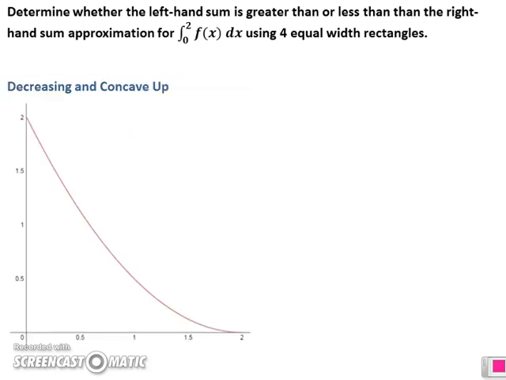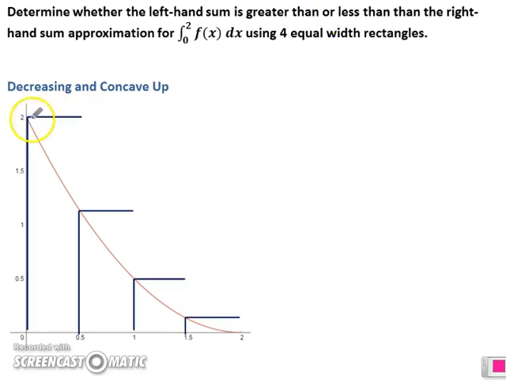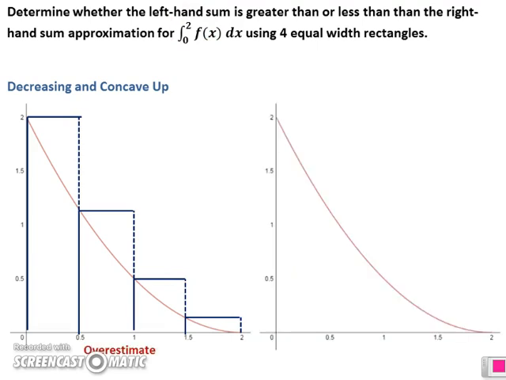Let's check this one out, see if that works for the concave up as well. So we draw our left rectangles. We're going to use 0 and we're not using 2. We have an overestimate again. And for the right rectangles, we'll be using 2. We will not be using 0.